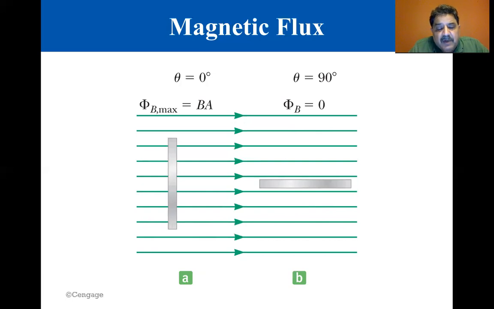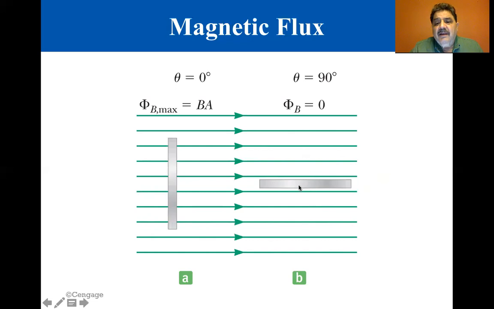So think about the normal. The normal is the little vector that's coming off the loop, I don't know if you can see the cursor. The normal in A would be a vector pointing to the right, and it's in line with the magnetic field. So theta equals 0, and BA cosine 0 degrees, the cosine of 0 degrees equals 1, so it's just BA.